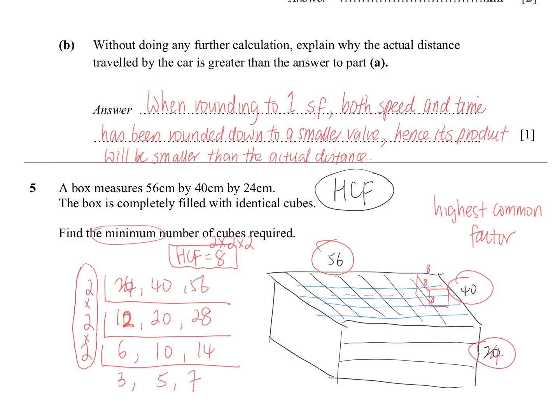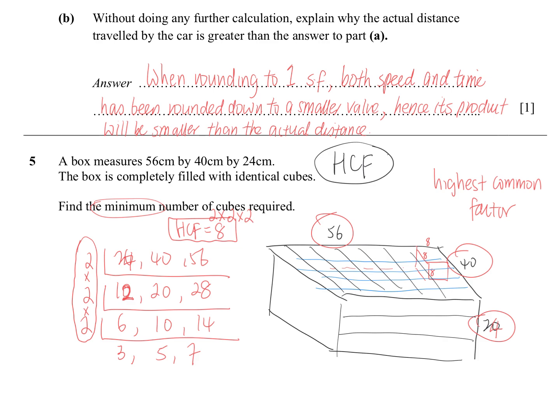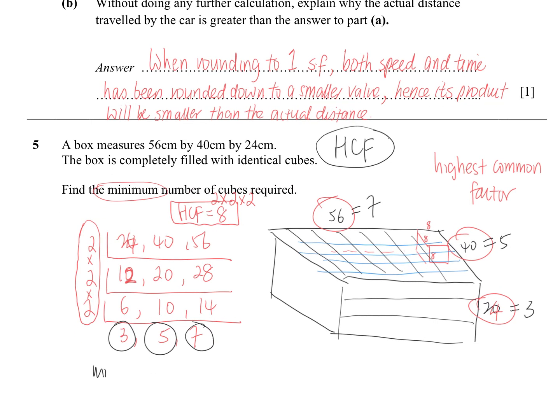So total, how many cubes can you fit in? Actually it's these 3 numbers times together. So the minimum number of cubes is 7 by 5 by 3. So you can fit in 105 cubes.